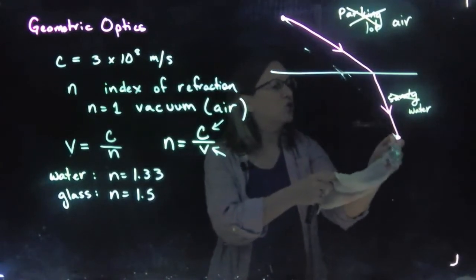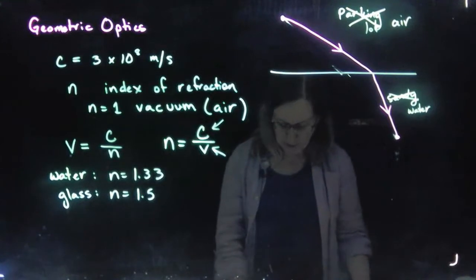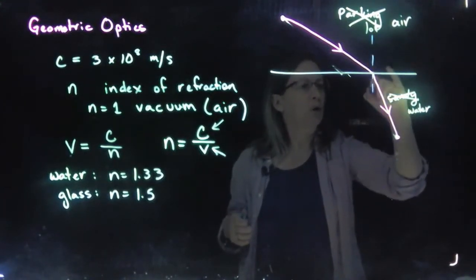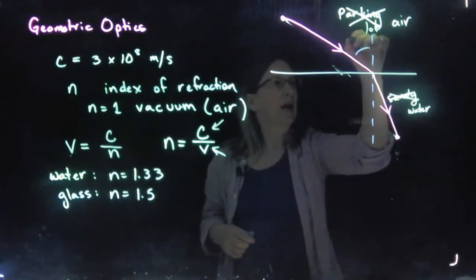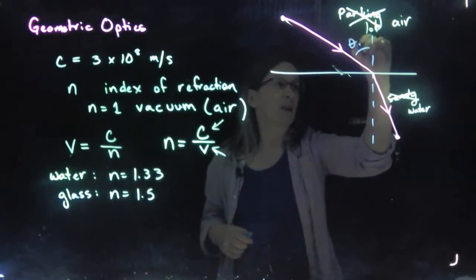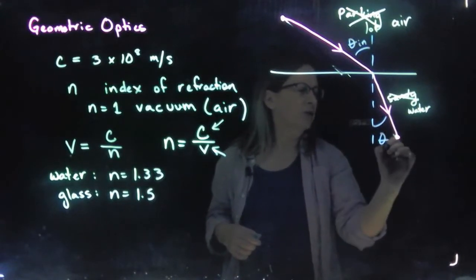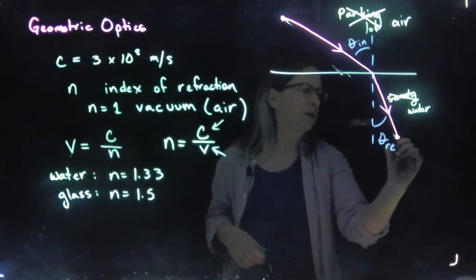And we can describe this in terms of the index of refraction. And so we set up a normal to our surface, something that's perpendicular, and we say this is our angle in, or the angle of air, and this is the angle that's refracted. So angle incident, angle refracted.